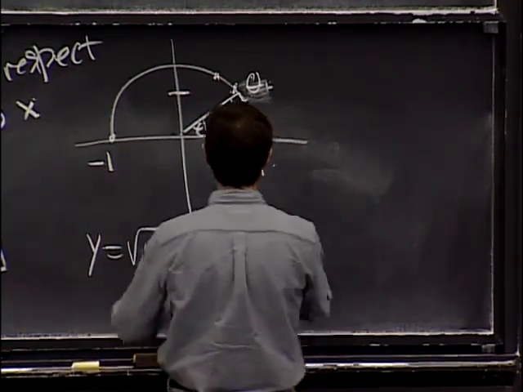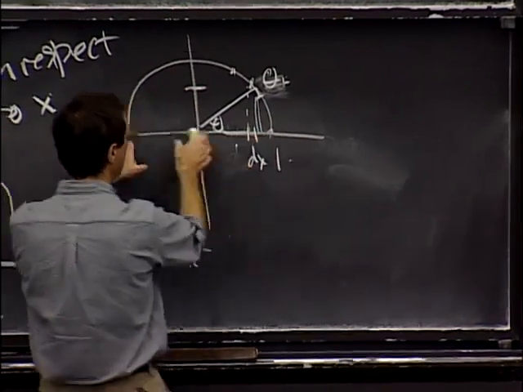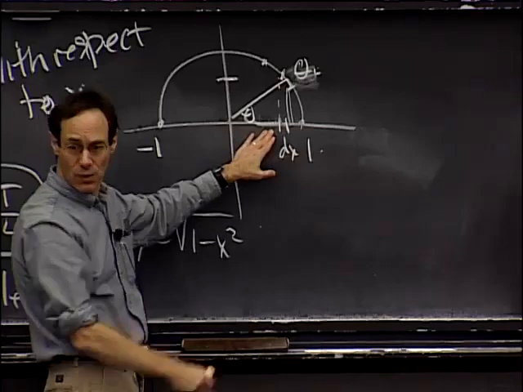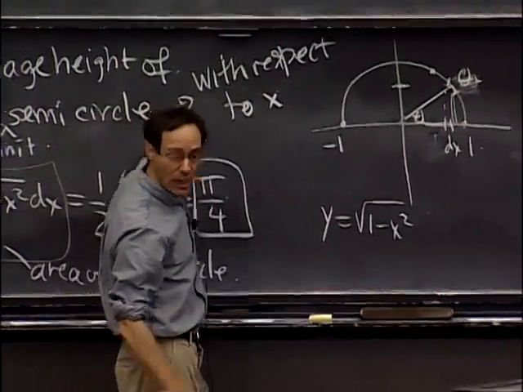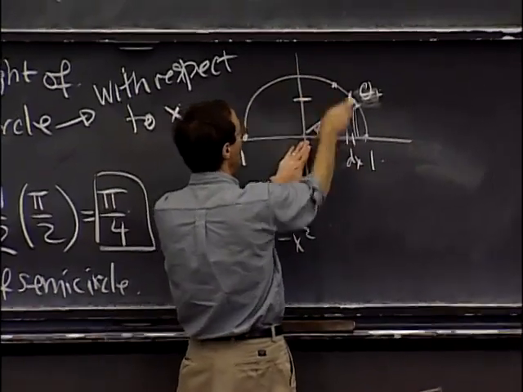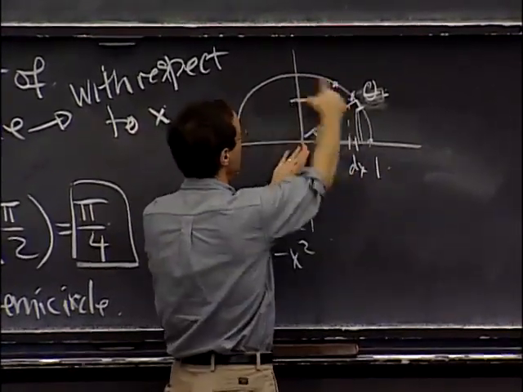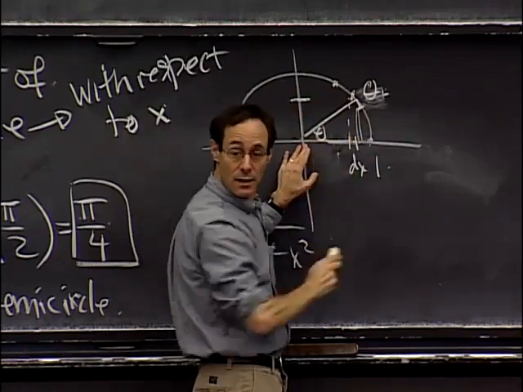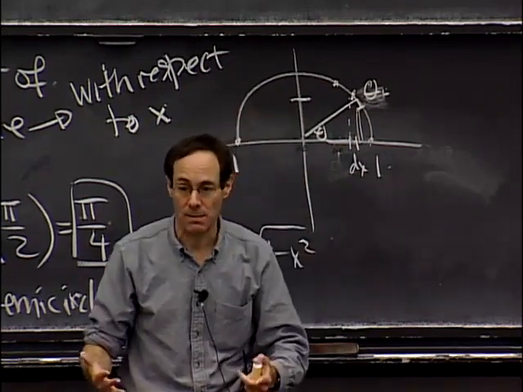Suppose you picked a number at random in this interval with equal likelihood one place and another, and then you saw what height was above that. That would be the interpretation of this first average value. And the second one is I picked something at random on this circle, and equally likely any possible point on this circle according to its length. And then I ask what the height of that point is. And those are just different things.